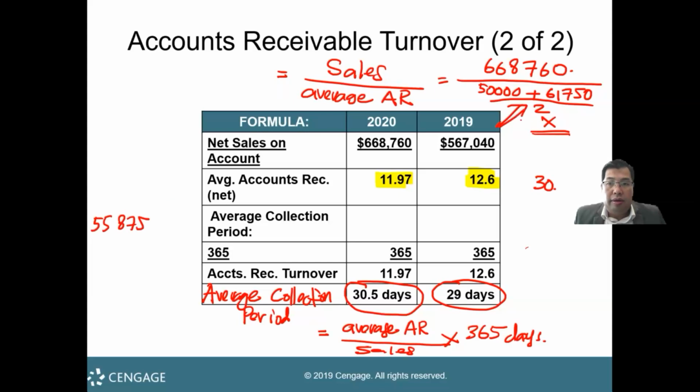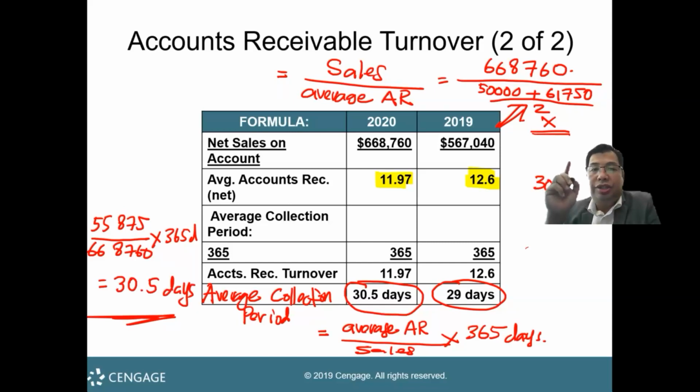Your sale is 668,760. Divide by 668,760, then multiply by 365 days. So we get 30.5 days. This is the average collection period.